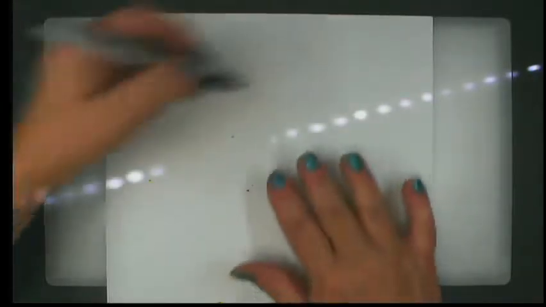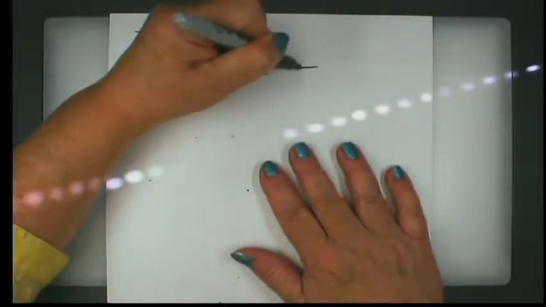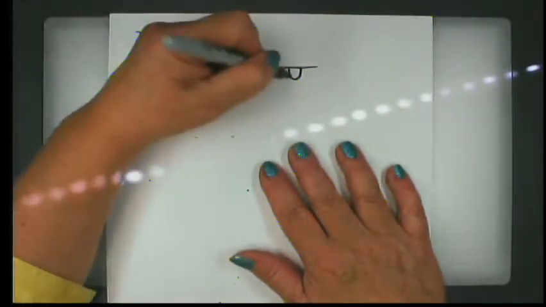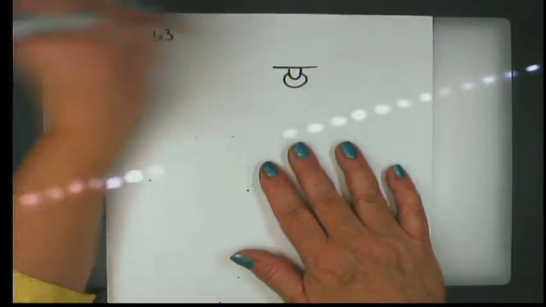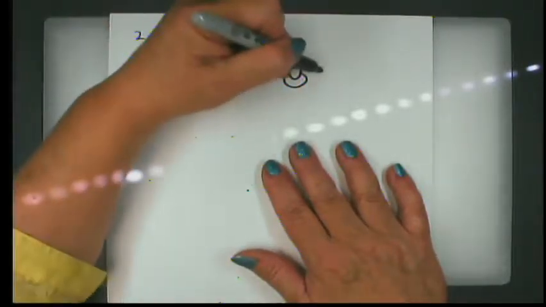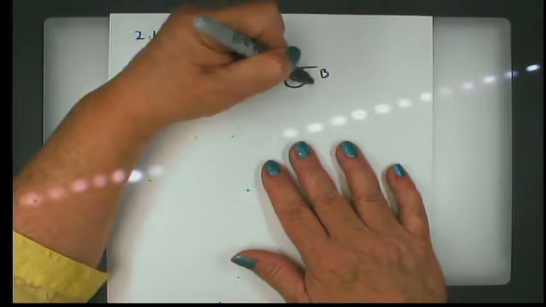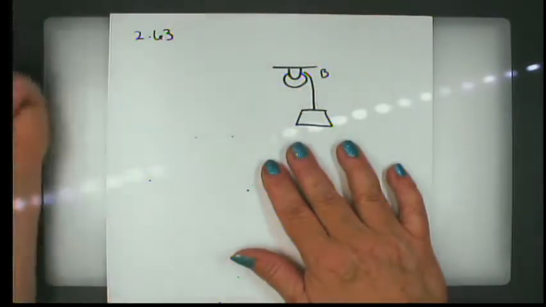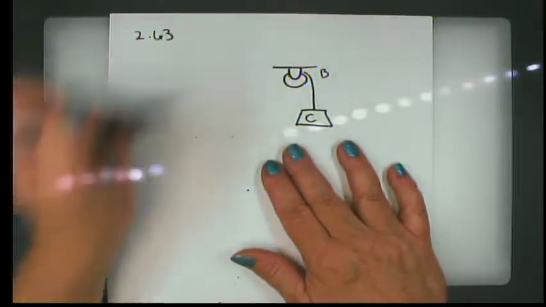2.63 says we have a collar and it's connected as shown to a 50-pound load. So the most challenging part is drawing these, if you're like me. Hopefully you're a better artist and you don't have the difficulty. But basically we have a pulley here at B, and we have a cable that wraps around the pulley, and we have a weight suspended from the pulley.